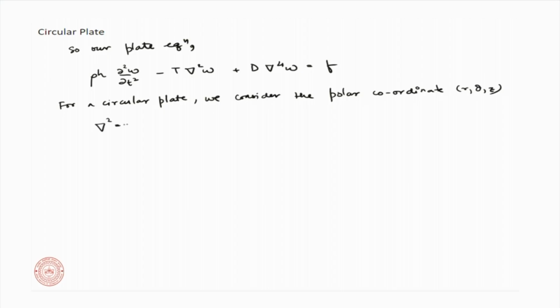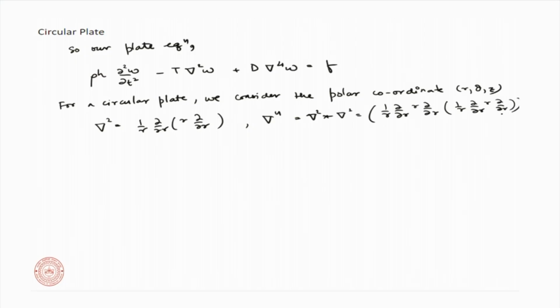So, del squared will be 1 by r del by del r of r del by del r, and del 4 will be del squared into del squared, that will be 1 by r del by del r of r del by del r of 1 by r del by del r of r del by del r. Okay. So, it will be Laplacian of Laplacian. Okay. That makes sense. So, we are taking derivative of derivative.